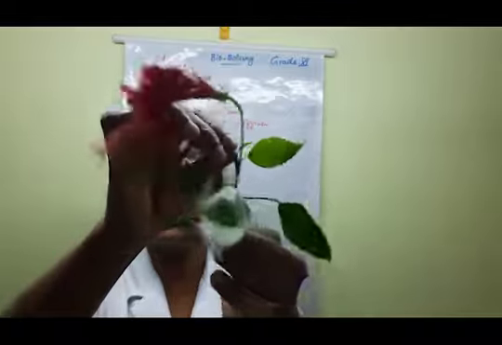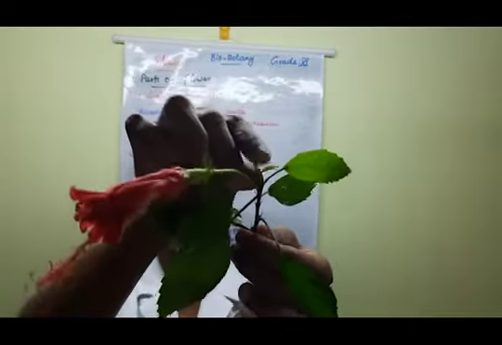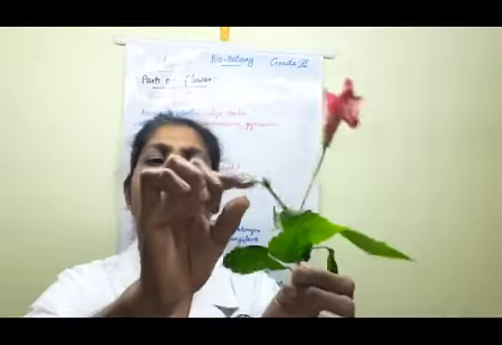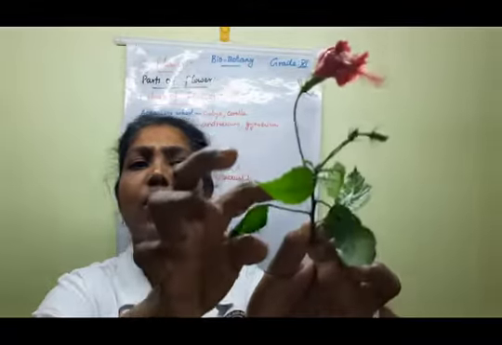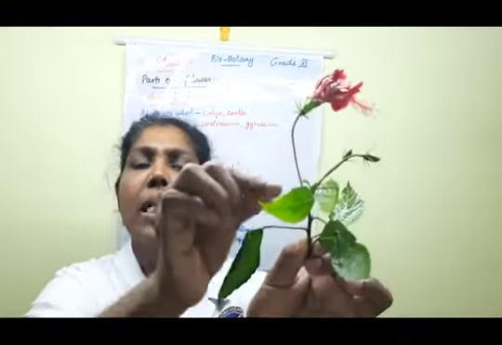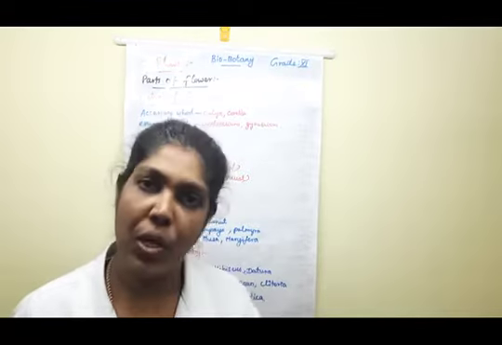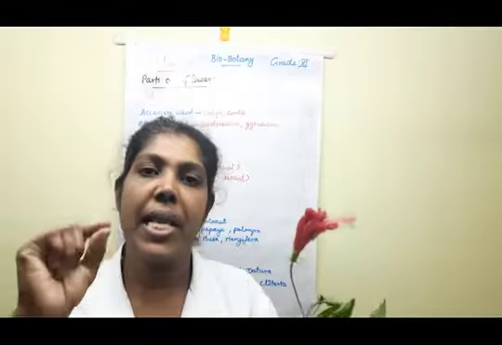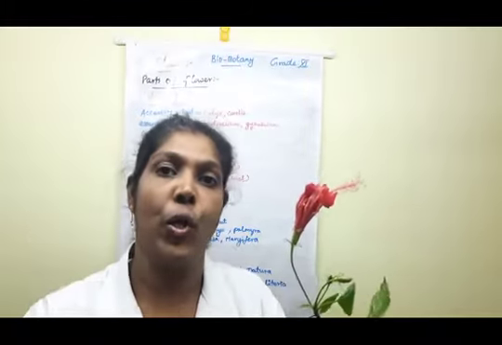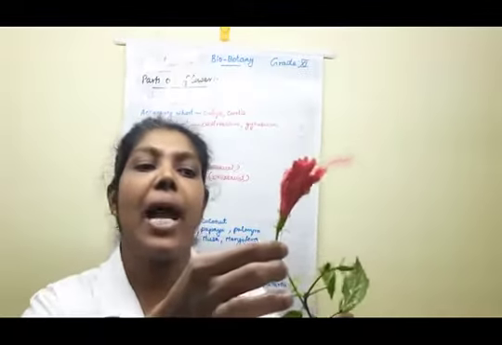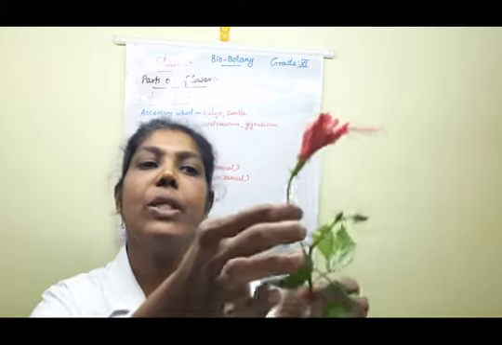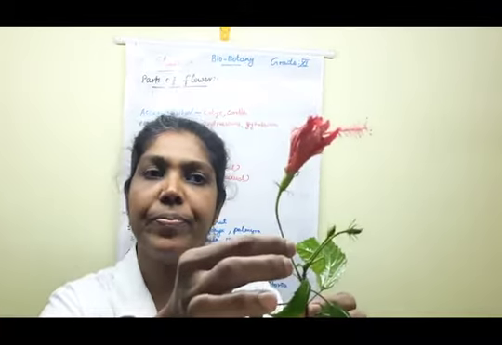This is the base of the pedicel, children. There is a very small, minute leaf-like structure there. That is known as the bract. Clear? Then bracteole. Bracteole means, this is the pedicel part.